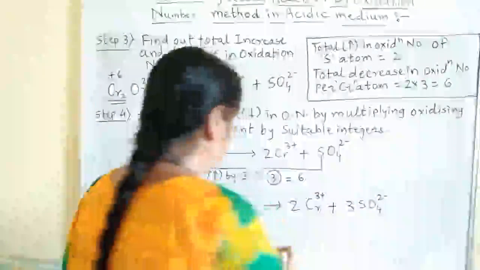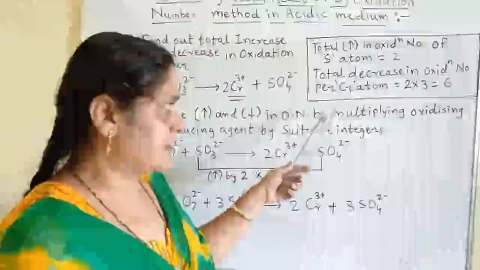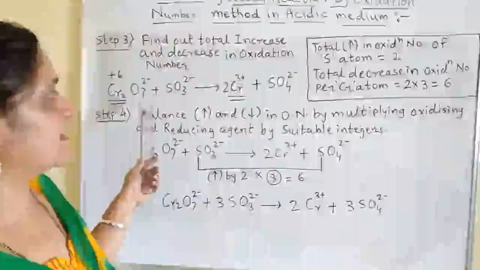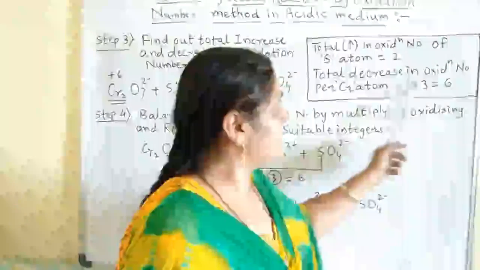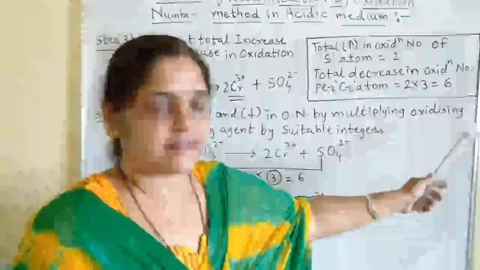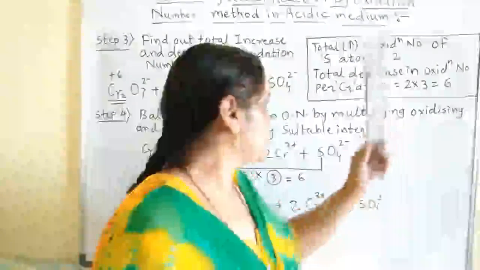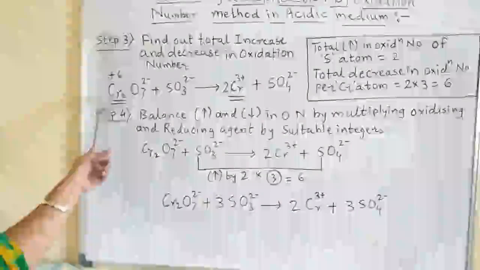Every chromium atom shows a decrease in oxidation number by 3. There are 2 chromium atoms in the formula Cr2O7 2 minus, the dichromate anion. So 2 multiplied by 3 is equal to 6. So the total decrease in oxidation number is 6 and the total increase in oxidation number per sulfur atom is 2.